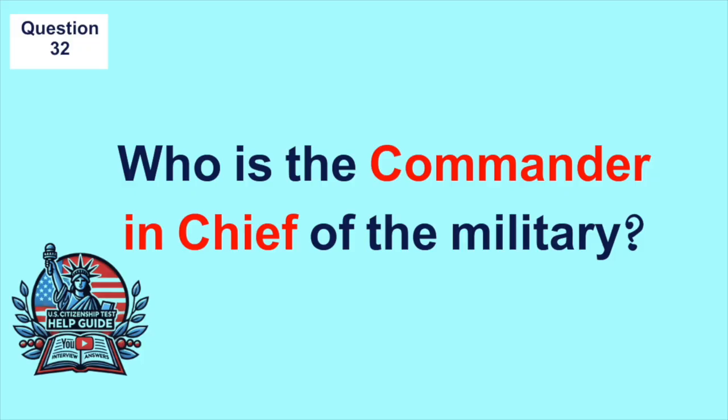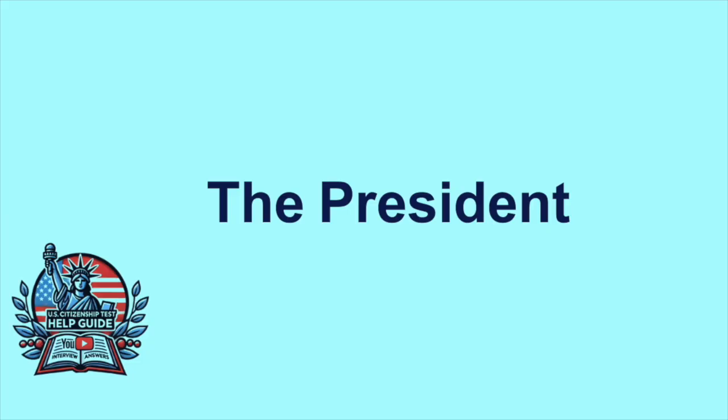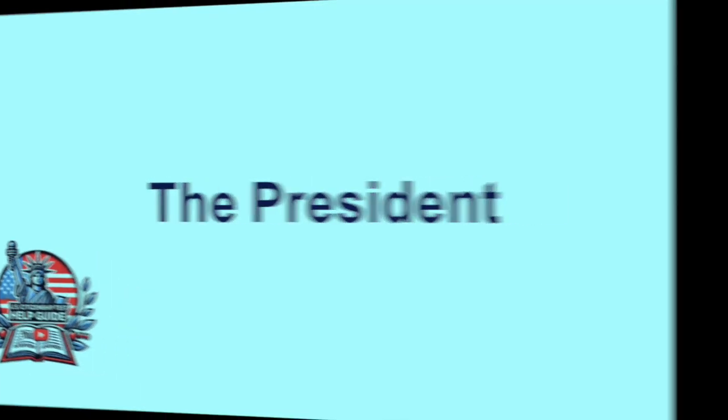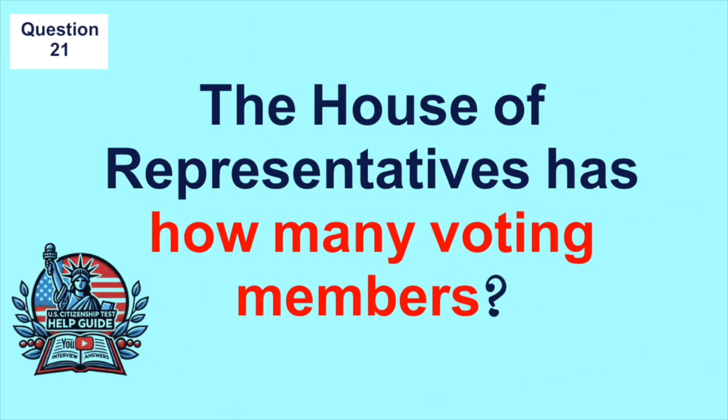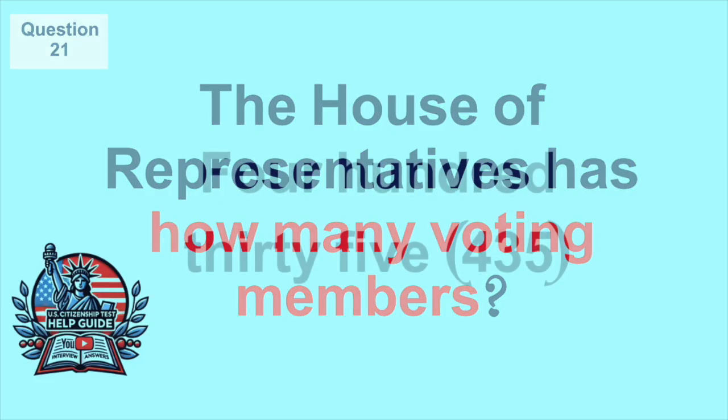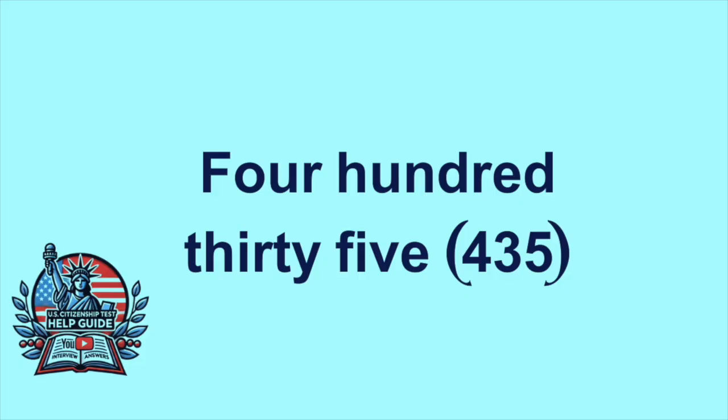Who is the commander-in-chief of the military? The President. The House of Representatives has how many voting members? 435.